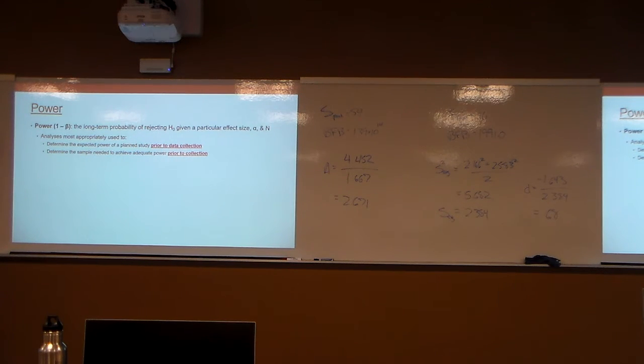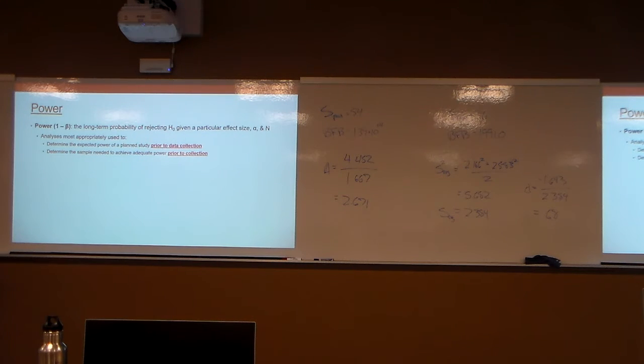Think about power as being the long-term probability of rejecting the null given a particular effect size, alpha level, and sample size. Okay. What we're wanting to do with these analyses is look at the expected power of a planned study prior to the collection of data, right? So Siley says, okay, I'm looking at an effect size of about d equal 0.5, my alpha is 0.05, and I've got 60 people that I'm planning to collect for this.